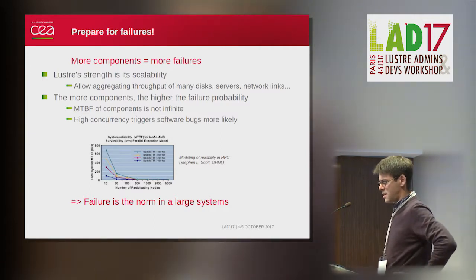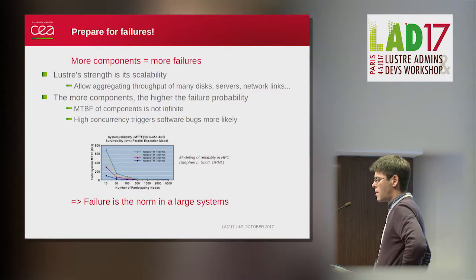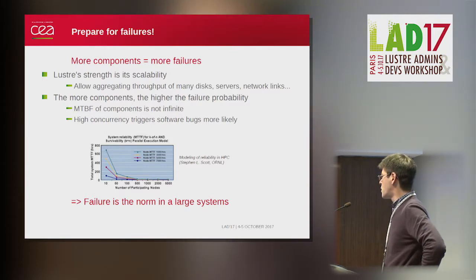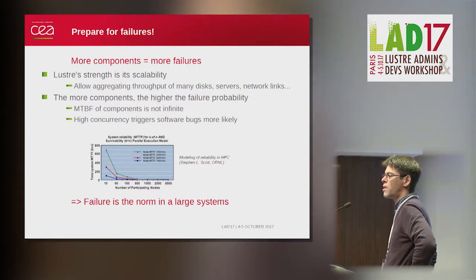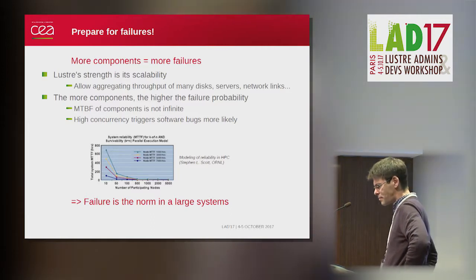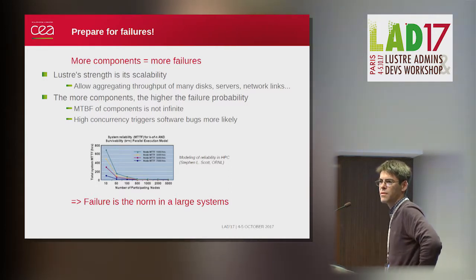The chart here is a modeling that has been done by Oak Ridge about the average mean time between failure of large MPI jobs given the node mean time between failure.